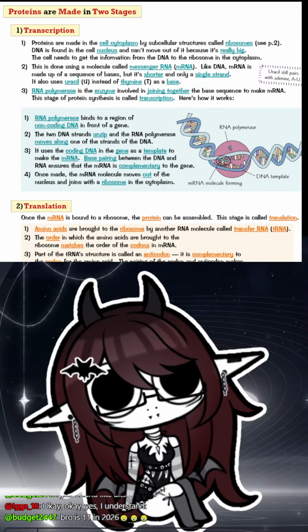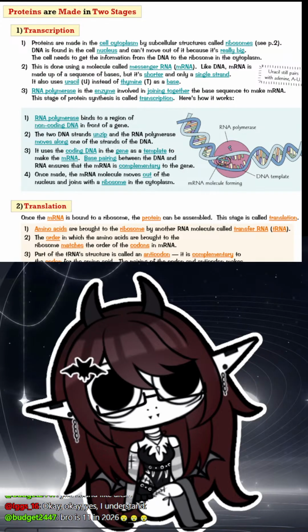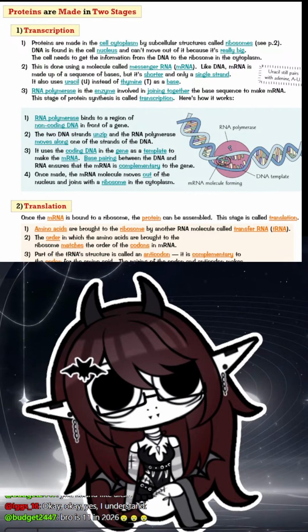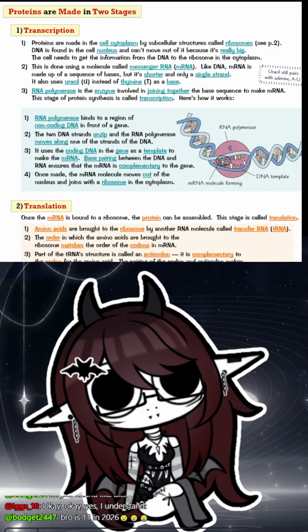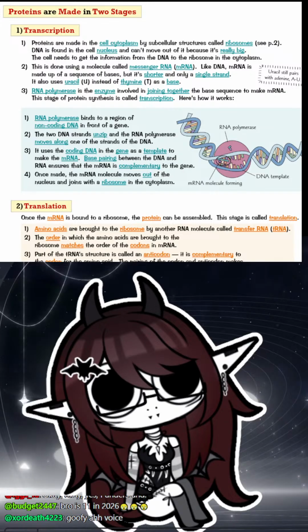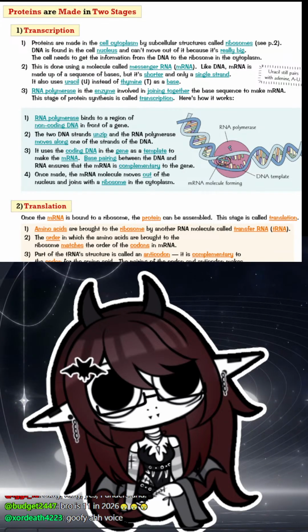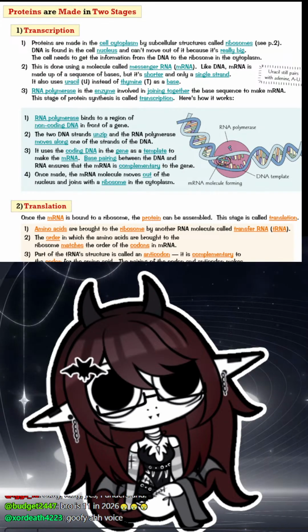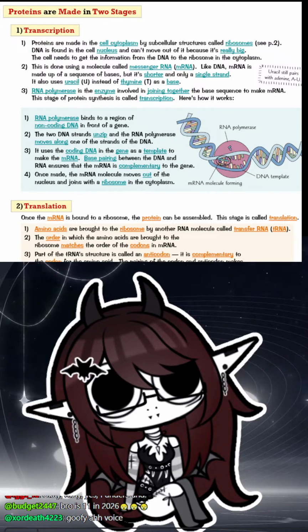This stage of protein synthesis is called transcription. Here's how it works. Firstly, we have RNA polymerase. It binds to a region of non-coding DNA in front of a gene. Number two, the two DNA strands unzip and the RNA polymerase moves along one of the strands of the DNA.